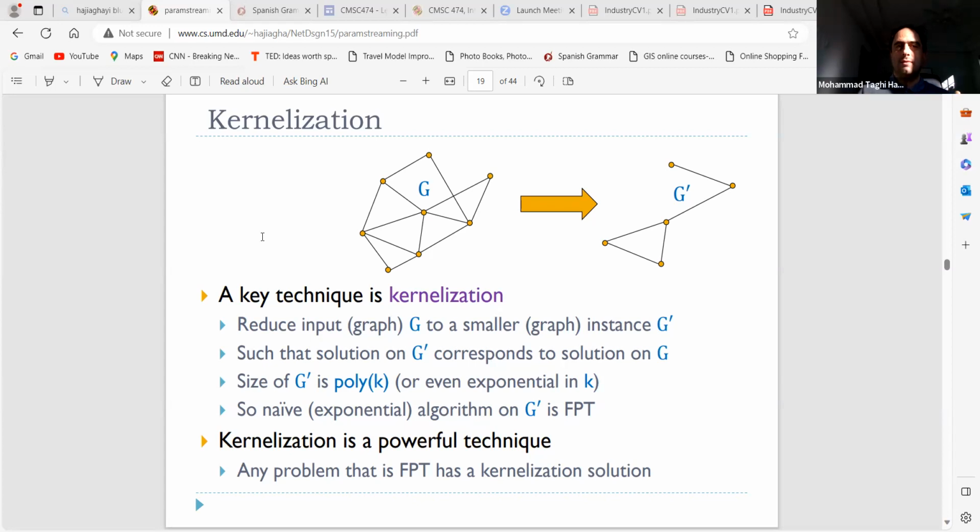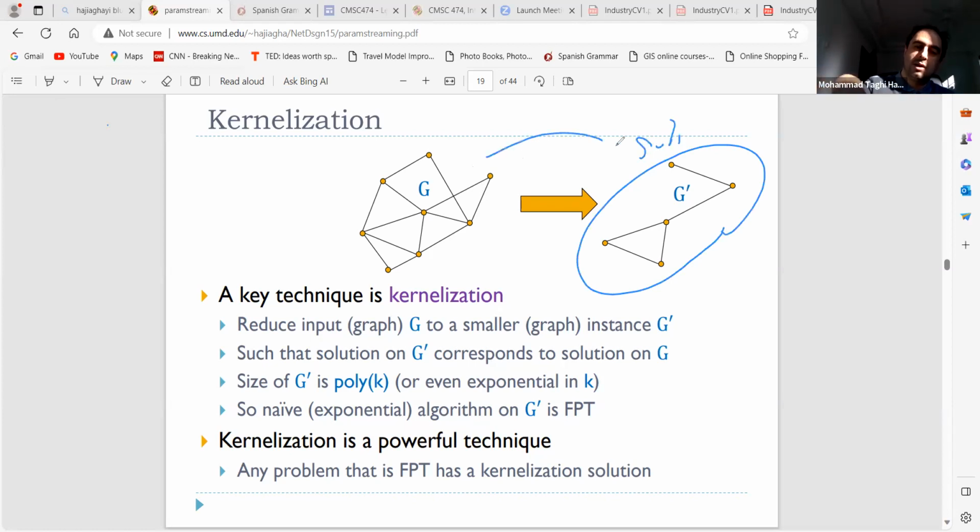And the idea is that if you find a solution in this reduced instance, then it is also a solution for the original. So a solution here would be a solution here.